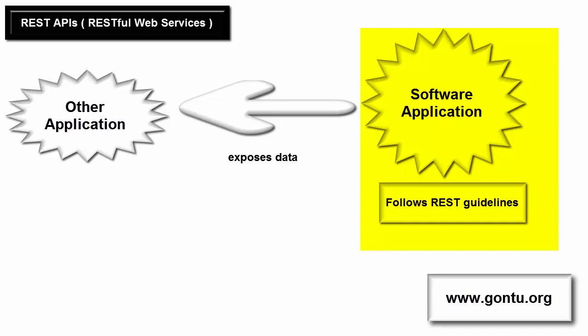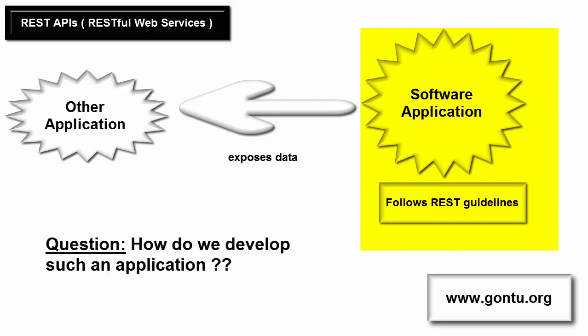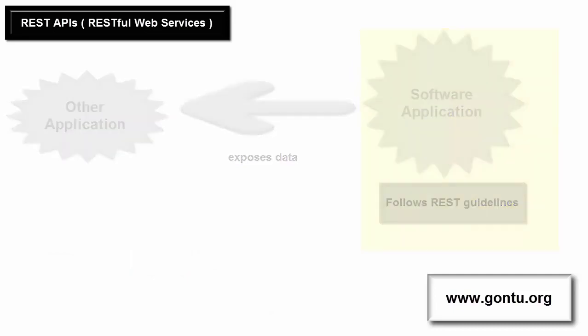So the big question is, how do we develop such an application which gives other applications an ability to access or modify its data in a super easy and effective manner? And here come the REST guidelines into the picture. REST stands for Representational State Transfer.